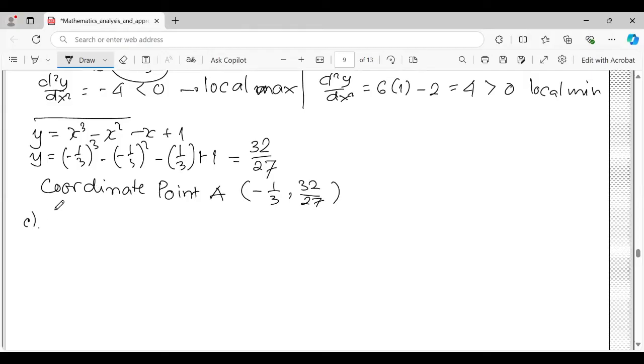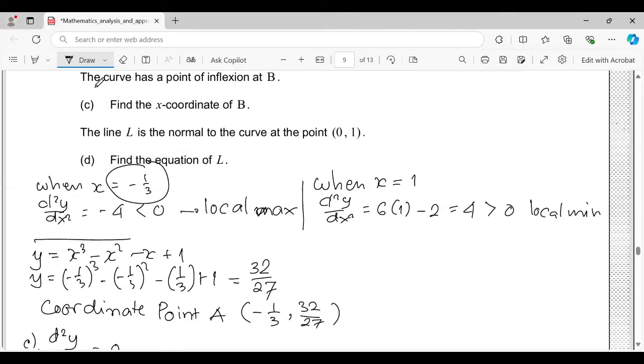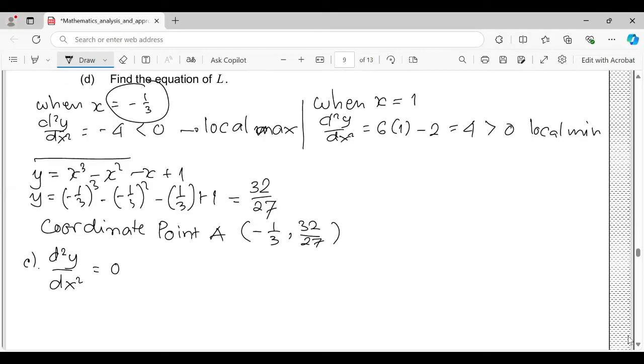Let's see. Through the second derivative, the second derivative should be 0 because of inflection, look, the information that the curve has a point of inflection at B. So that's why the second derivative should be 0.